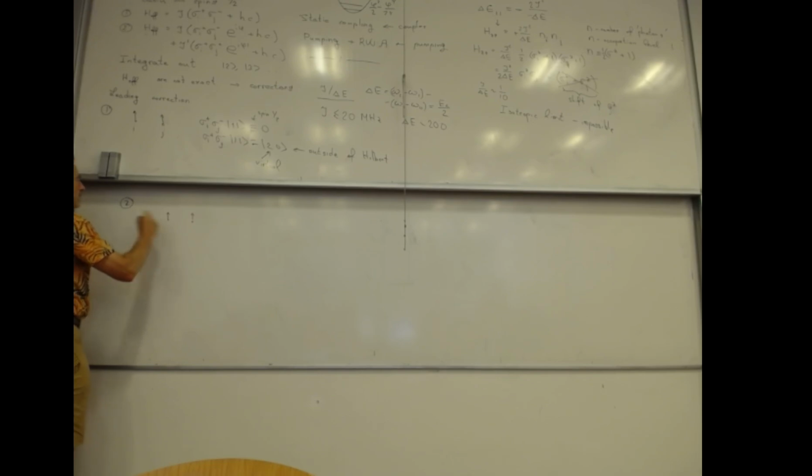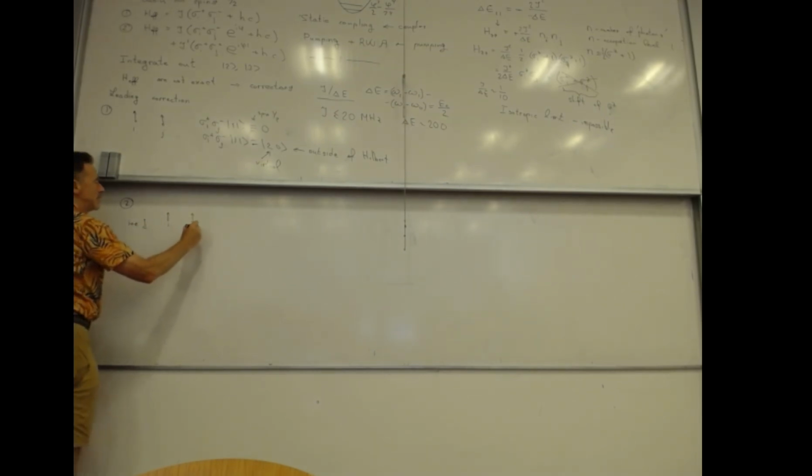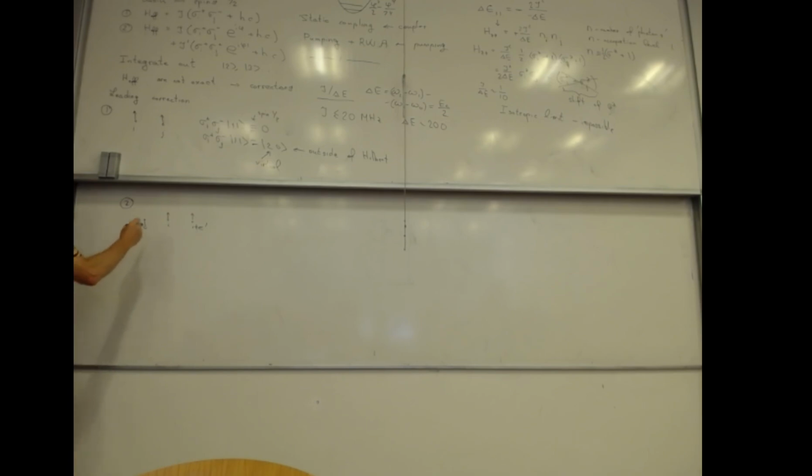So I have spin I plus E, its neighbor, and spin I minus another neighbor of the same I. Then I can have a process in which I move this excitation to that spin, so that I form state 2 here.